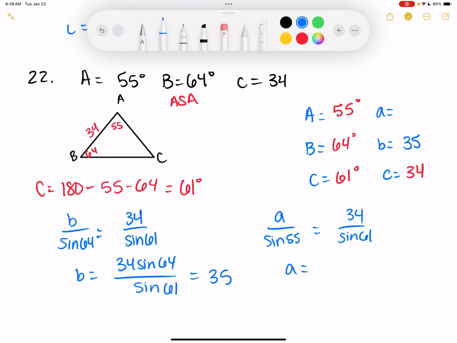So A is 34 sine of 55 over the sine of 61. 32.